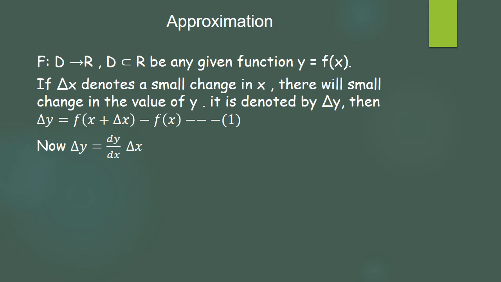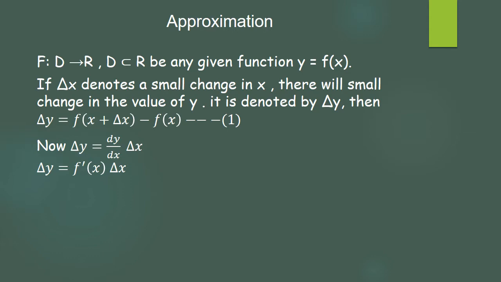So we get delta y is equal to dy by dx into delta x. Dy by dx can also be written as f dash of x. So we get delta y is equal to f dash of x into delta x.